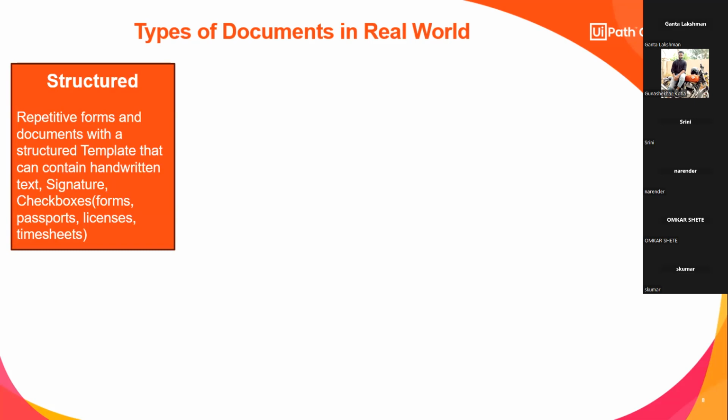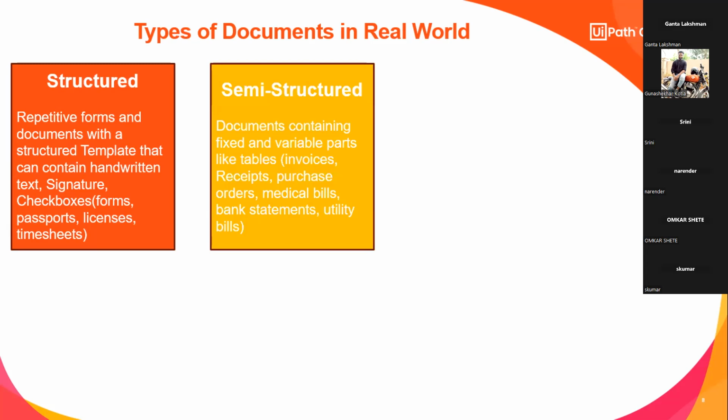It follows some structure, right? Take the previous example: if you are traveling by Uber, it has one document, and if you are traveling by Ola, it has one document, but it is structurally aligned across Ola and Uber. That comes under the structured document.